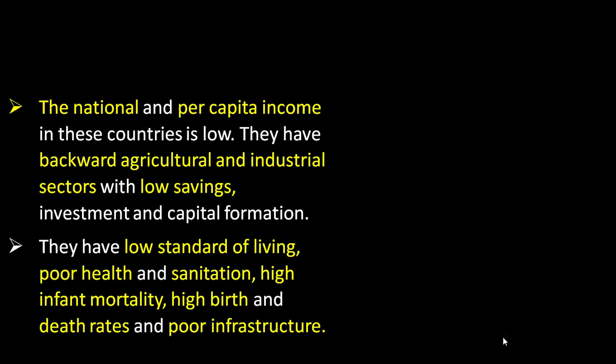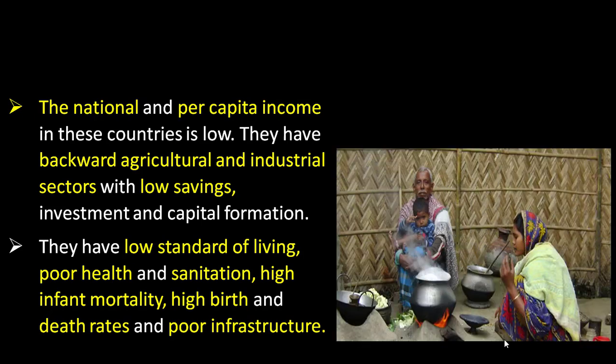The national and per capita income in these countries is very low. They have backward agricultural and industrial sectors with low savings. Investment and per capita capital formation are also very low. Because of low savings and low investment, capital formation is also very low, and most probably these countries have adopted agriculture.